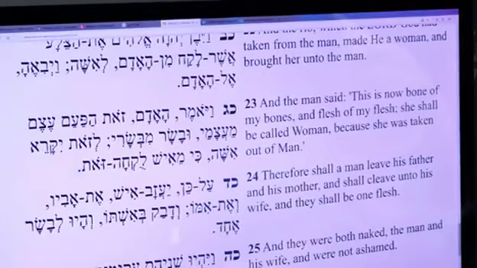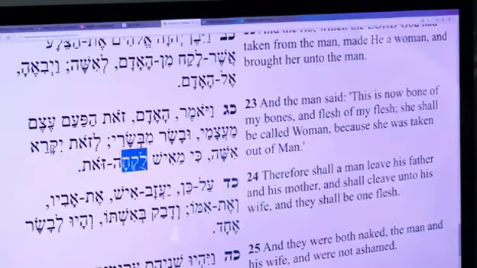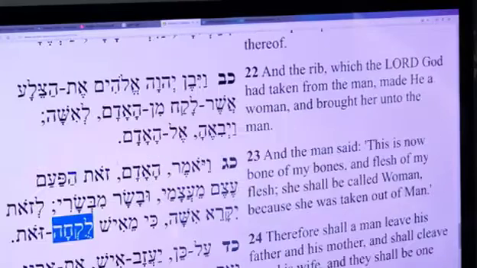Let's see the form of she that is used here. So here it uses the suffix form of she, which we showed you earlier.